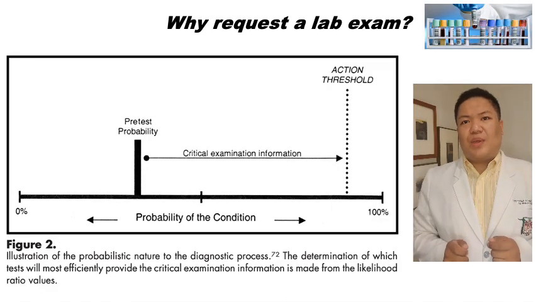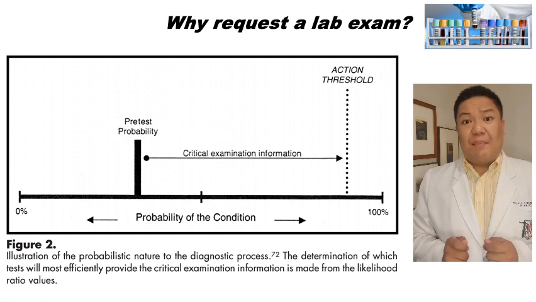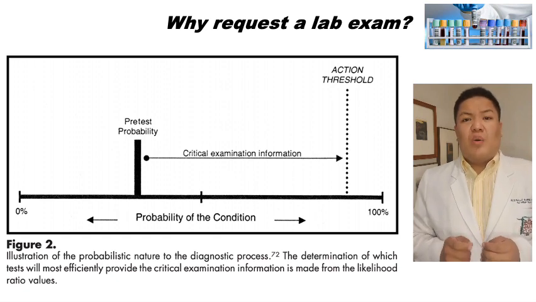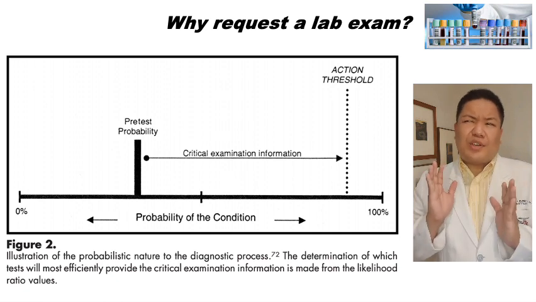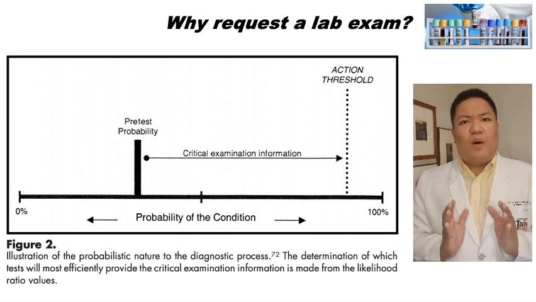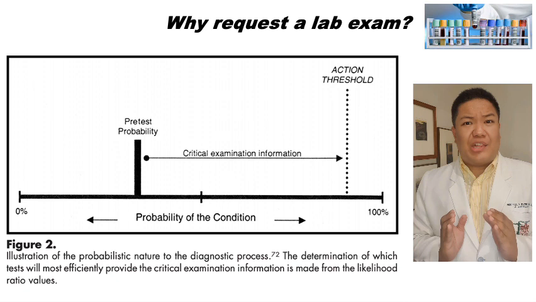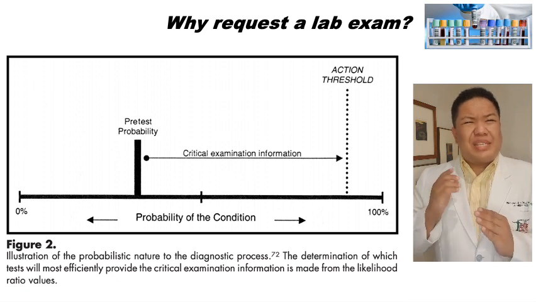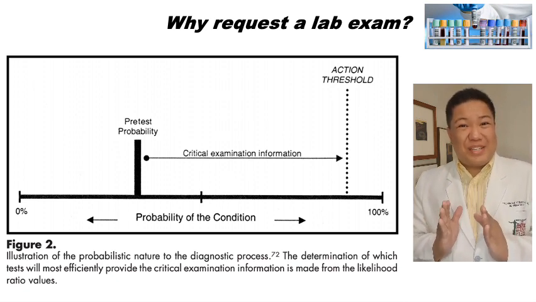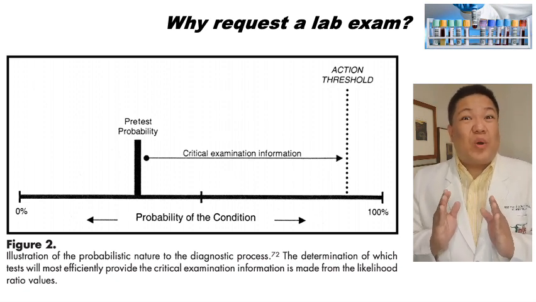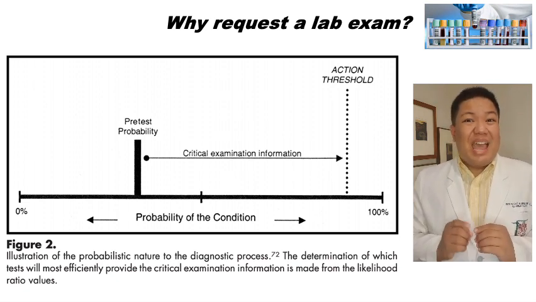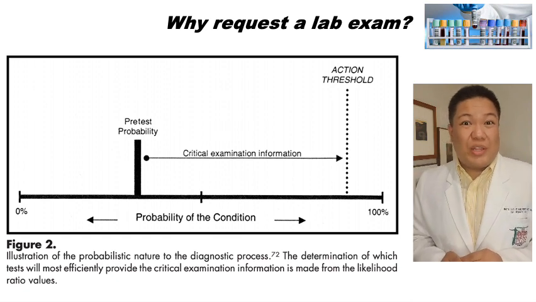Whenever we're faced with a certain dilemma in a certain patient, we first get our history and PE. And before that, we try at least to get an idea of what is happening with our patient. However, sometimes we're still not 100% sure as to what's going on with our patient and how we're going to manage our patient, and that is where the laboratory test would come in.